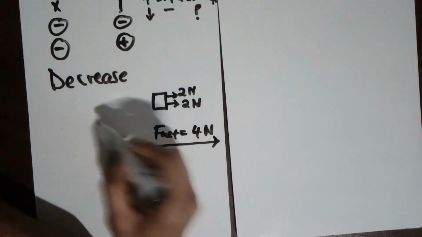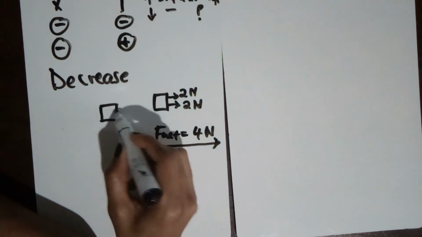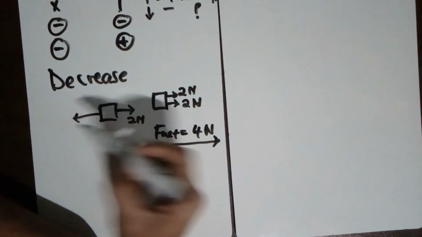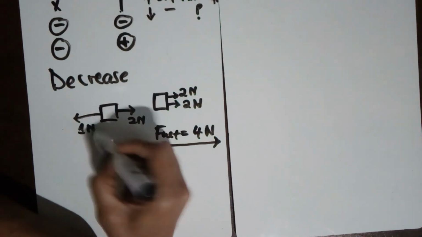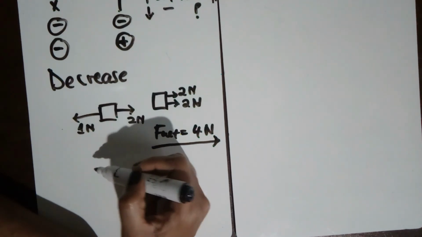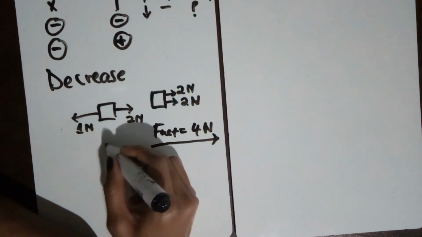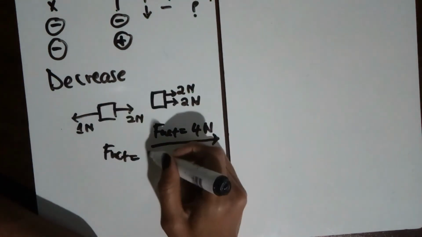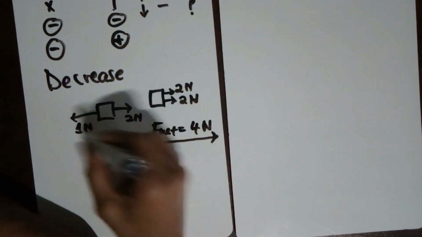Cool. Now, what happens when you are pulling at 2, and now somebody else is pulling at 1 newton in the opposite direction? You will sort of cancel each other. It will almost be as if this rock's F net is being pulled in this direction with a force of 1, because we just say 2 minus 1, right?